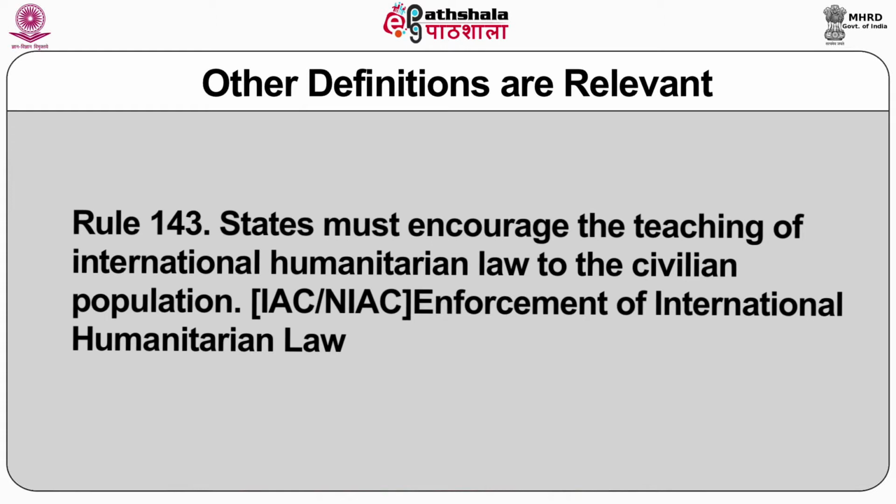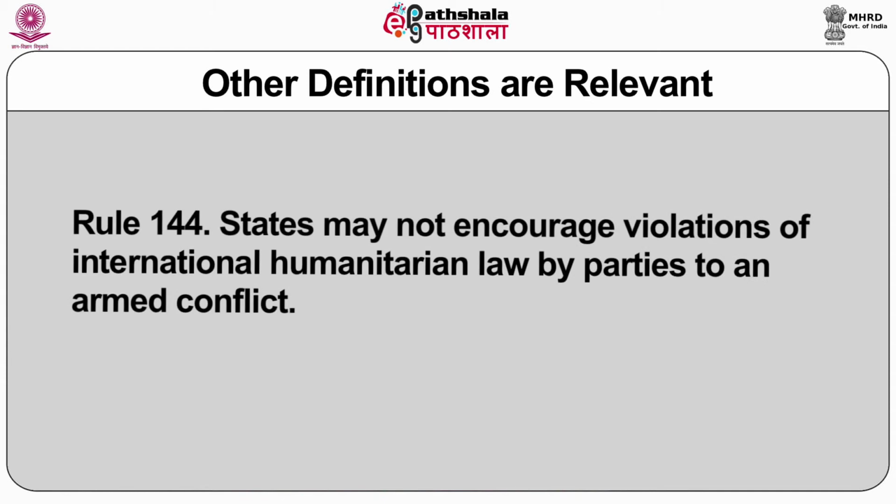Enforcement of international humanitarian law will be another question that you may want to ask. Rule 144 begins to answer that. States may not encourage violations of international humanitarian law by parties to an armed conflict.